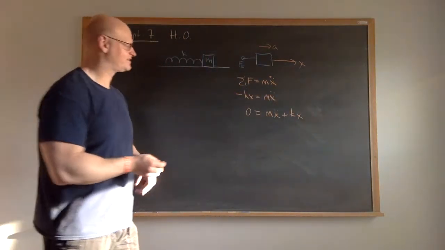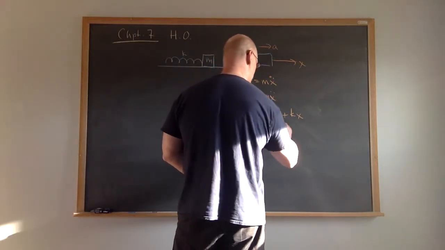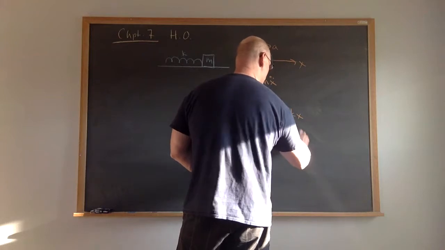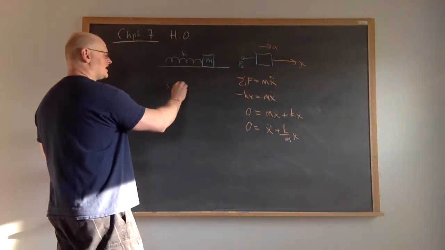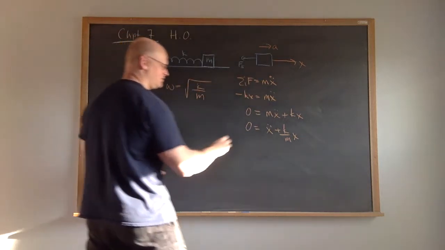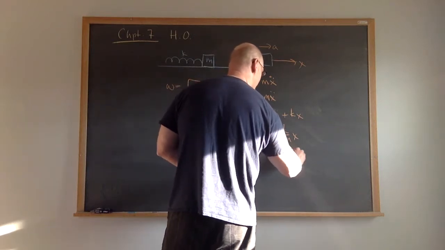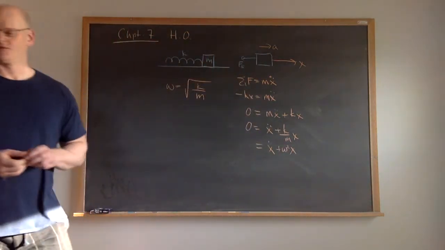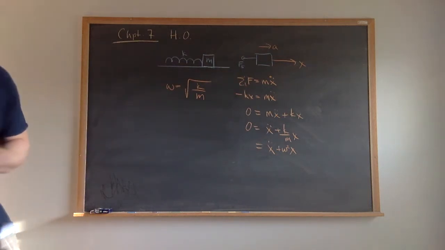If we divide both sides by the mass, we get 0 equal to x double dot plus k divided by m times x. In this case, if we define what's known as the angular frequency as omega equal to the square root of k divided by m, we can rewrite this as x double dot plus omega squared times x. So our job is to solve this simple expression.